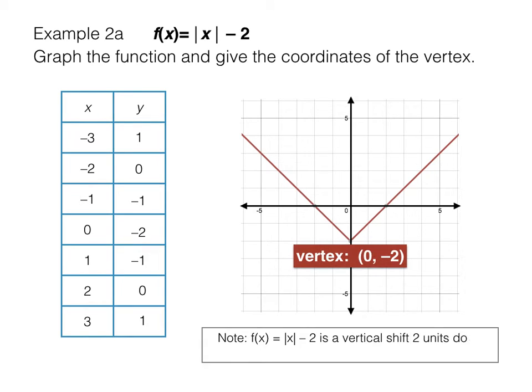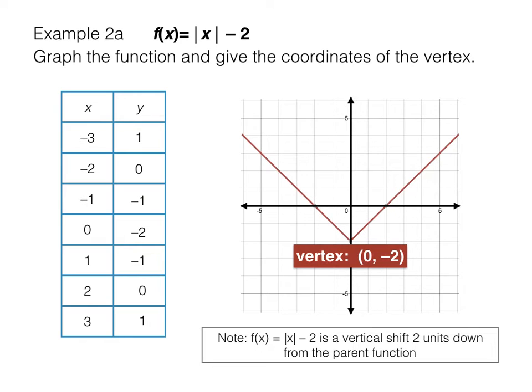And we'll further notice this function, the absolute value of x minus 2, is a vertical shift 2 units down from the parent function. And we'll try to pay attention to the structure of these equations and generalize how to graph these functions by just transforming the regular parent absolute value function.